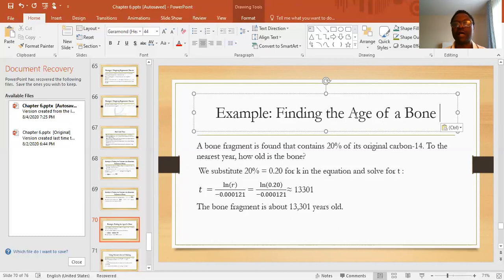So this is actually solving the equation for t. K is already given, as I told you, for each problem involving carbon-14.